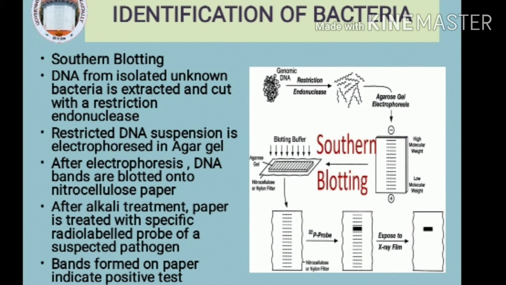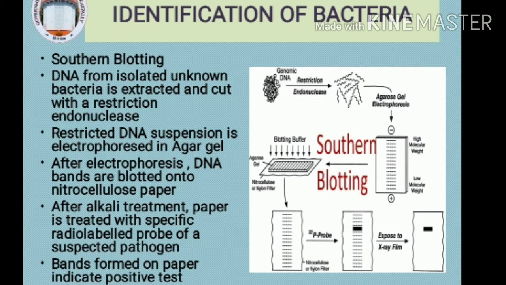The restricted DNA suspension is electrophoresed in agarose gel. After electrophoresis, the DNA is blotted onto nitrocellulose paper. After alkali treatment, the paper is treated with a specific radio-labeled probe of a suspected bacterial pathogen.